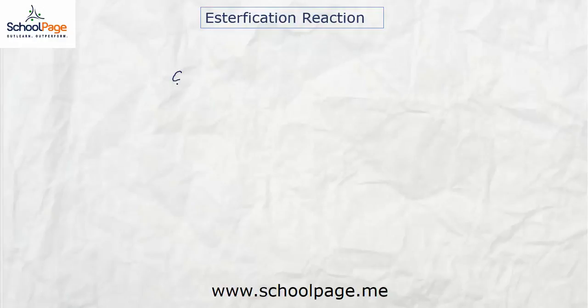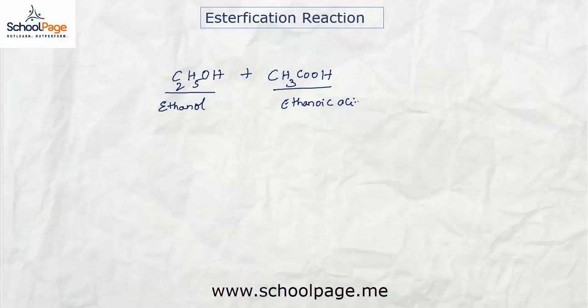So it is C2H5OH plus CH3COOH. This is ethanol and this is ethanoic acid. So this is the parent alcohol and this is the parent acid.